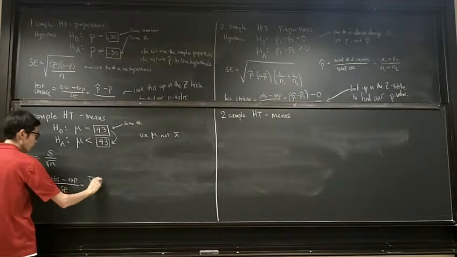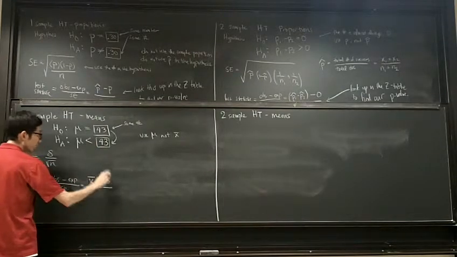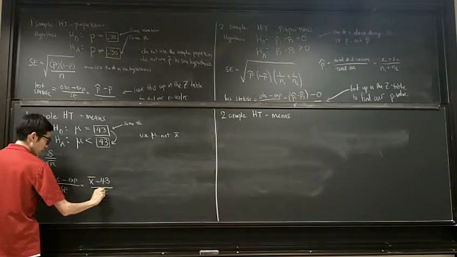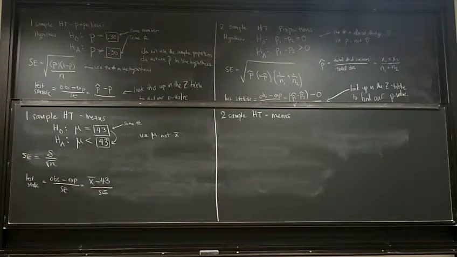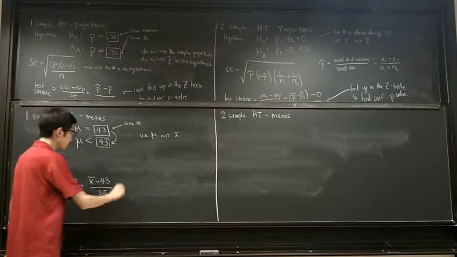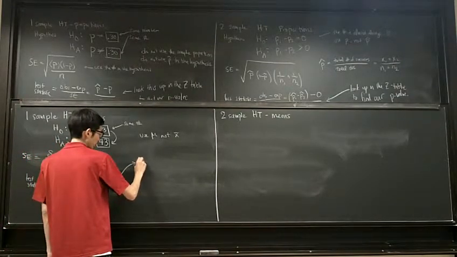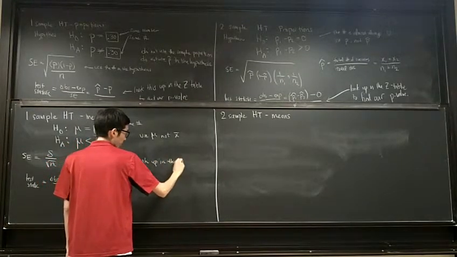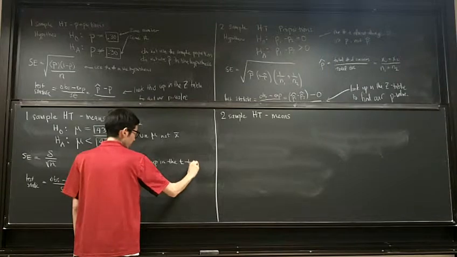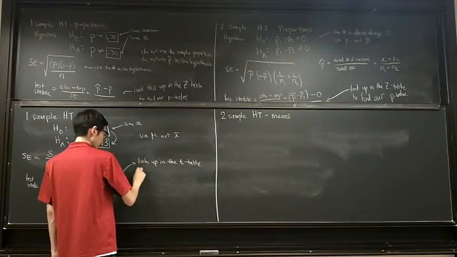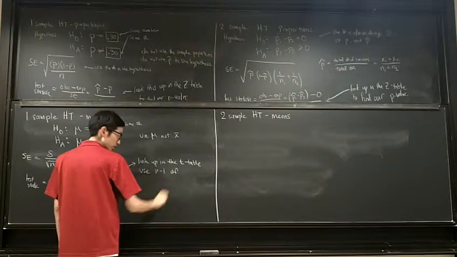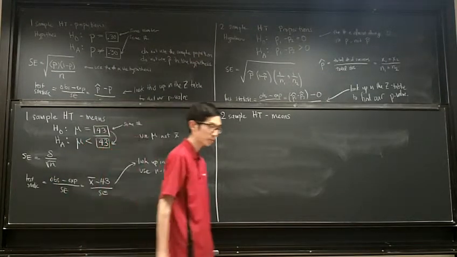What I'm expecting is 43 or whatever number shows up in the null hypothesis, and I divide by my standard error, which is s over the square root of n. Then what? I look this up in my t-table. Okay? And use n minus 1 degrees of freedom for the t-table.